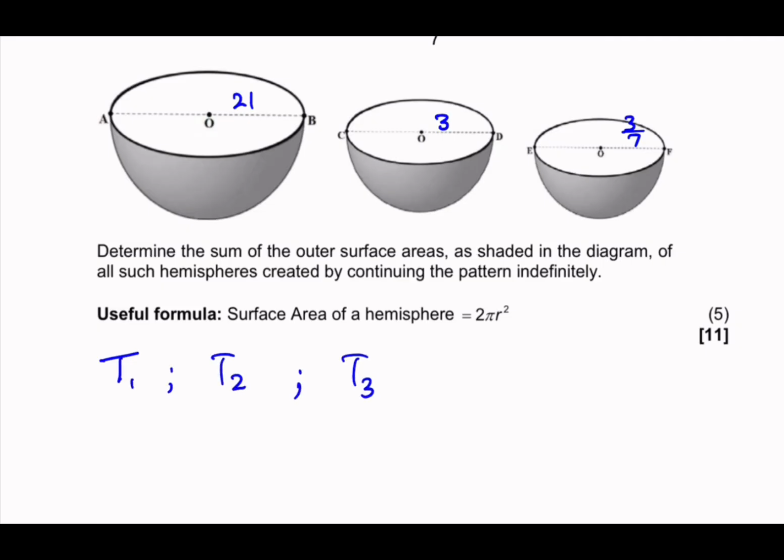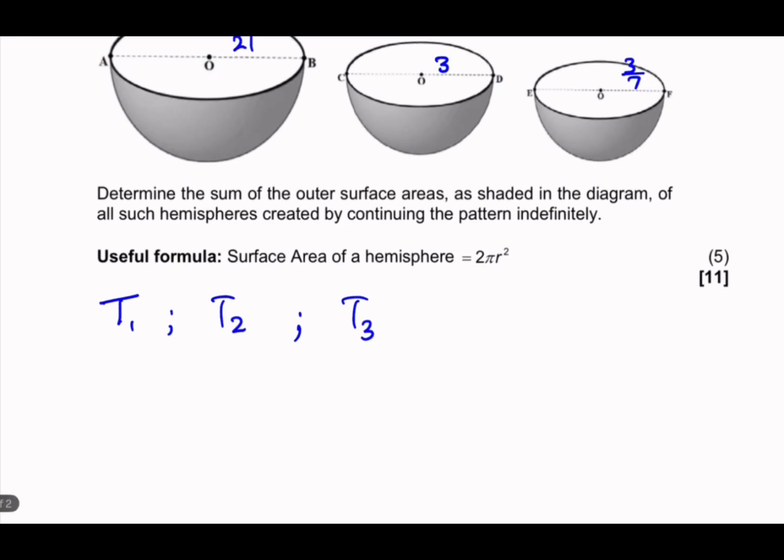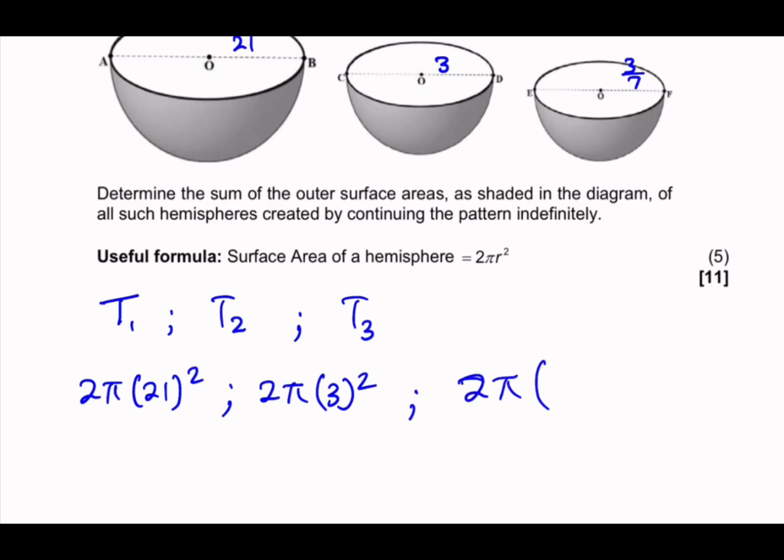So the first one would be 2 pi times radius 21 squared. The next one is 2 pi times radius 3 squared. The next one is 2 pi times radius 3 over 7 squared. Those are the areas of the first 3 hemispheres.